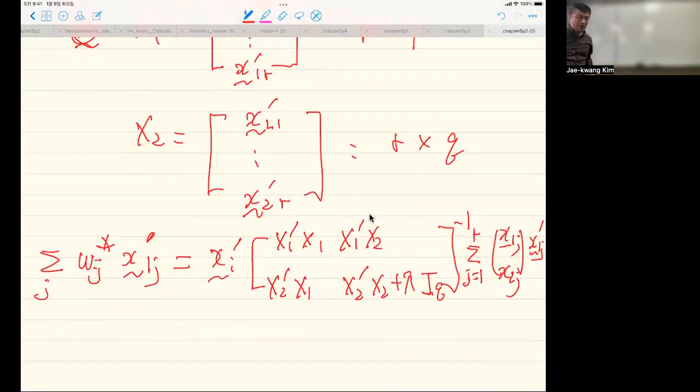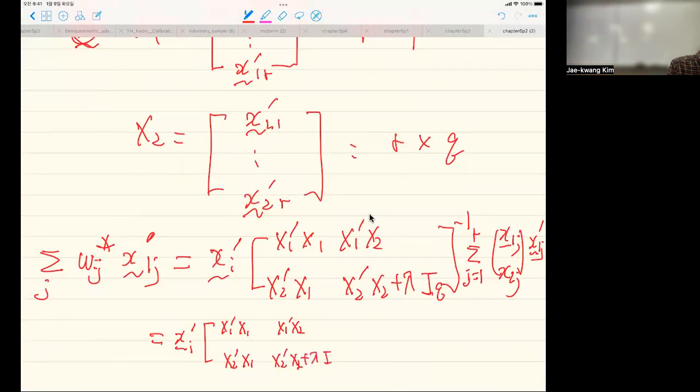And then my point is that you can write it as x1 prime x1, x1 prime x2, x2 prime x1, x2 prime x2 plus lambda Iq, inverse, times this, which is actually nothing but x1 prime x1, x2 prime x1.